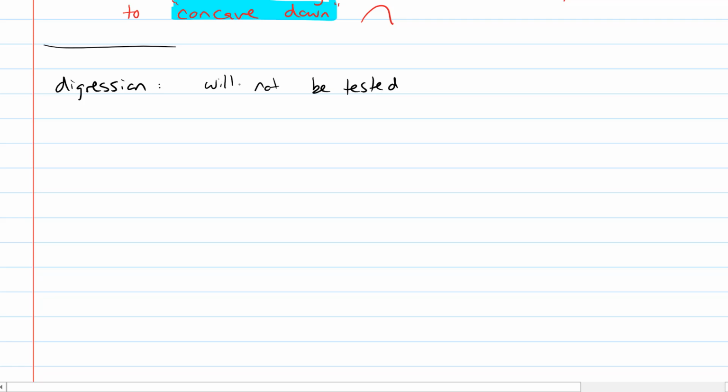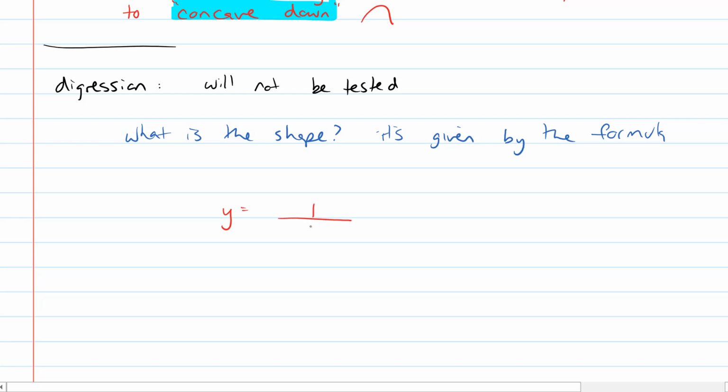And if you don't like scary looking equations, then I advise you to turn away for a couple seconds or skip forward. But I'm going to write out the equations. What is the shape? It's given by the formula y is equal to 1 over sigma, remember, sigma is the standard deviation, times the square root of 2 pi.